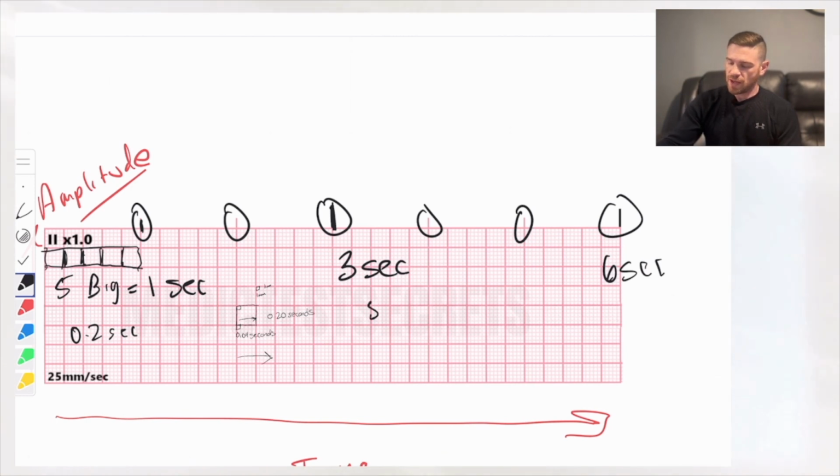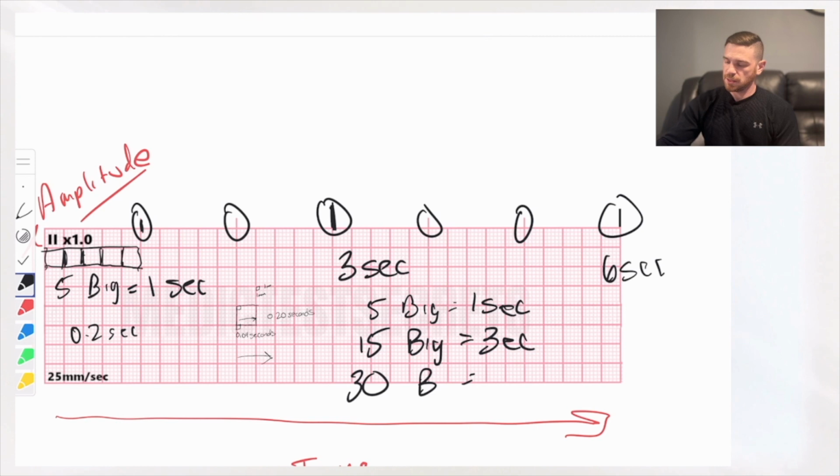We know that 5 big boxes equals 1 second, 15 big boxes equals 3 seconds, and then 30 big boxes equals 6 seconds. So as we go across in time, we're looking at a 6-second strip.